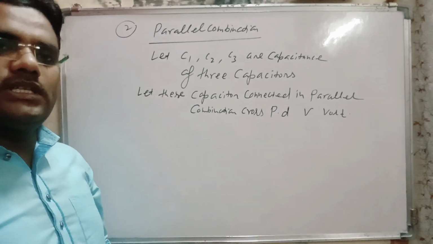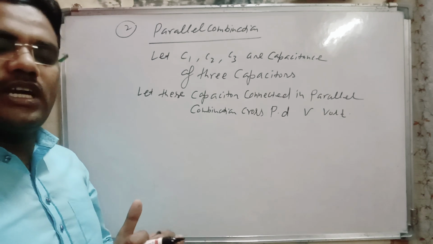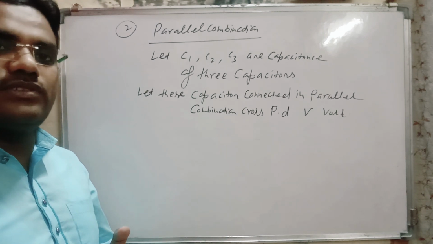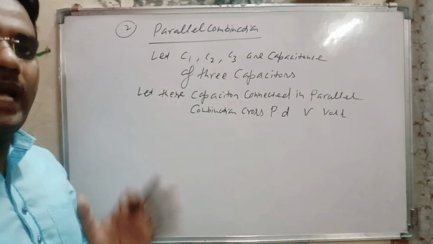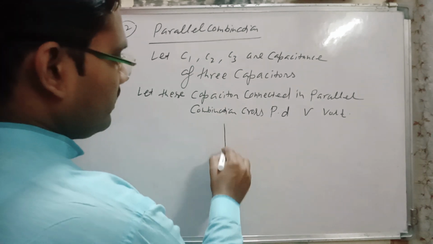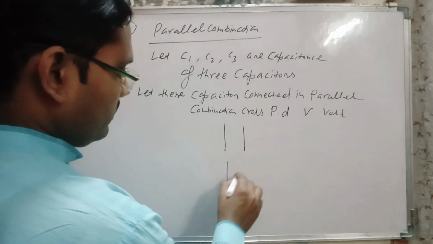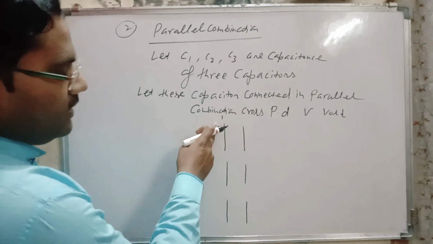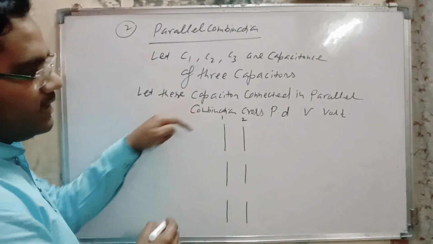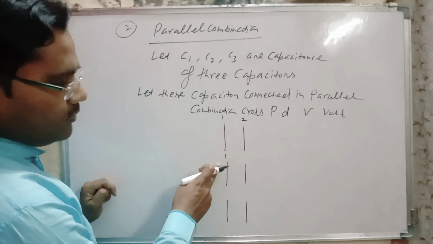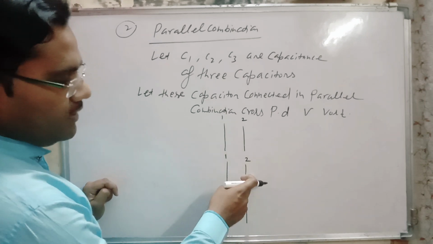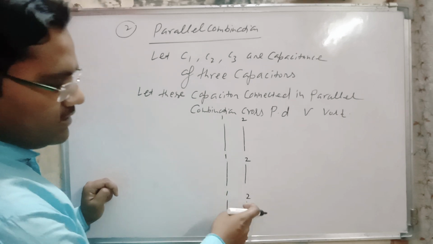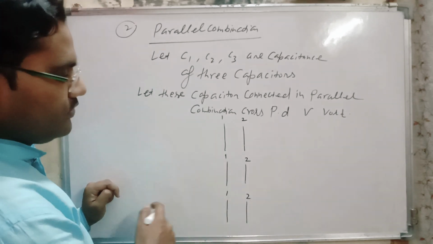In parallel combination, the first plate of each capacitor is connected at a point and the second plate of each capacitor is connected at another point, as shown in the figure. Here we take the first capacitor, second capacitor and third capacitor. This one is the first plate and this one is the second plate of each capacitor.